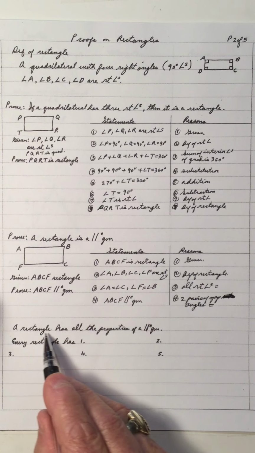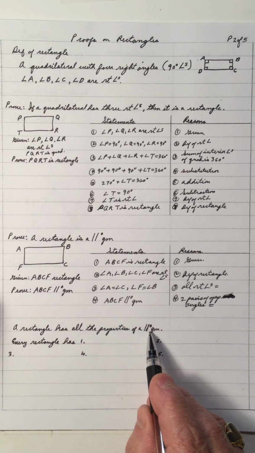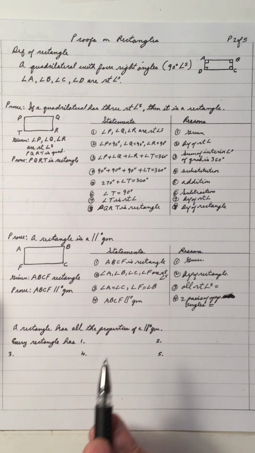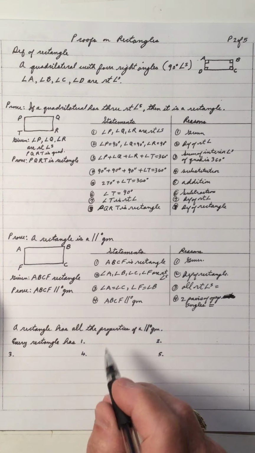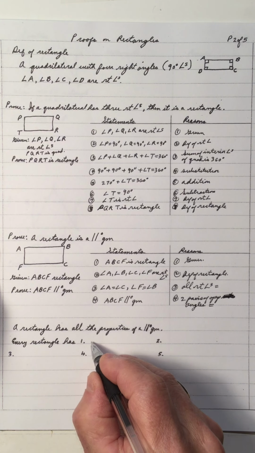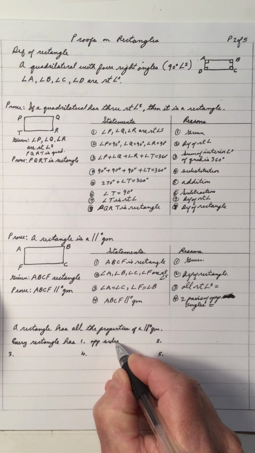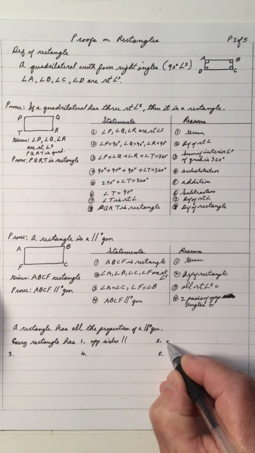And a rectangle has all the properties of a parallelogram. A rectangle is a parallelogram, so the properties of a parallelogram are also the properties of a rectangle. So every rectangle has opposite sides parallel.